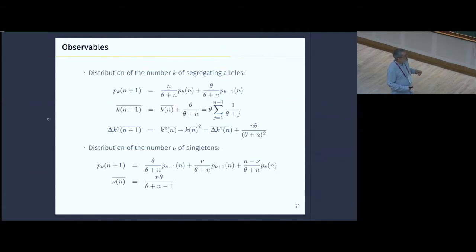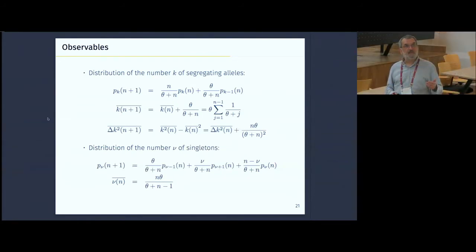So these are some consequences that you can work out. One is the distribution of the number of segregating alleles. You have this probability distribution for the number k of segregating alleles when you increase your sample by 1.